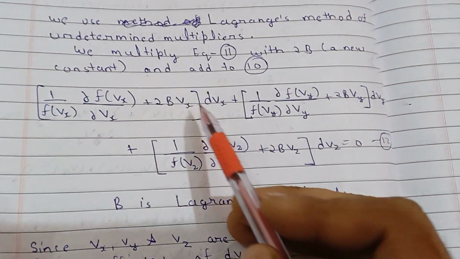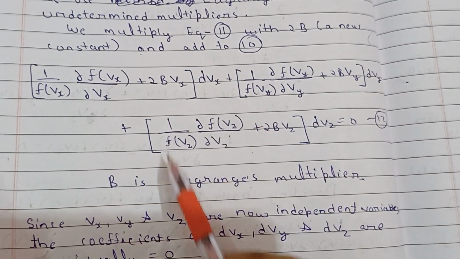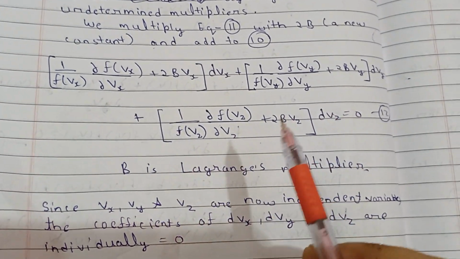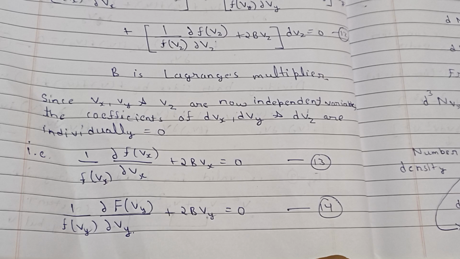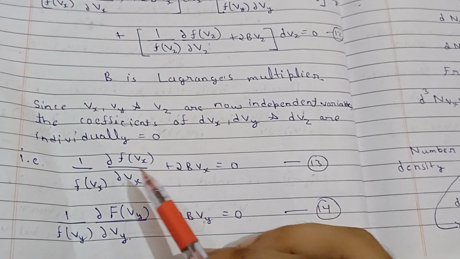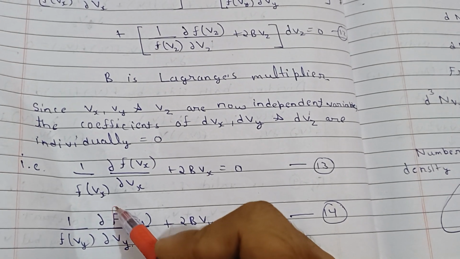So we can set the coefficient of dvx, the coefficient of dvy, and the coefficient of dvz each equal to 0. They must be equal to 0, so we put them individually to 0. We are doing all of this to find the values of f(vx), f(vy), and f(vz). This is small f actually.